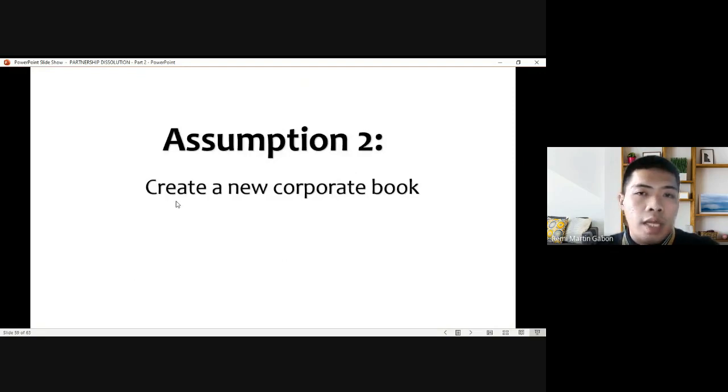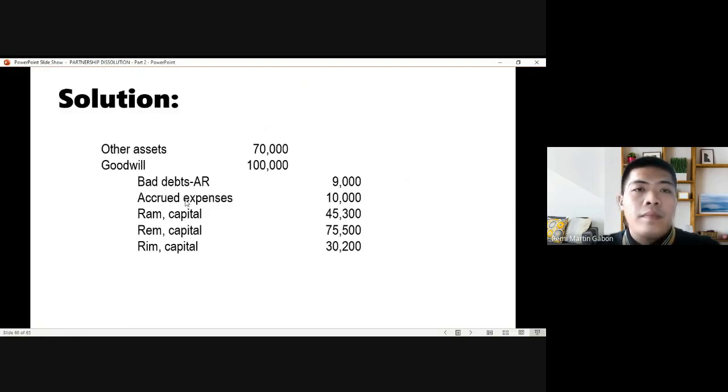Assumption 2 is to create a new corporate book. If we have to create a new corporate book, meron lang tayong additional journal entry dyan. Okay? The additional journal entry natin later, i-reveal. So, the same journal entry in adjusting the assets and liabilities and adjusting the capital balances of each partner in recognition of the adjustments.